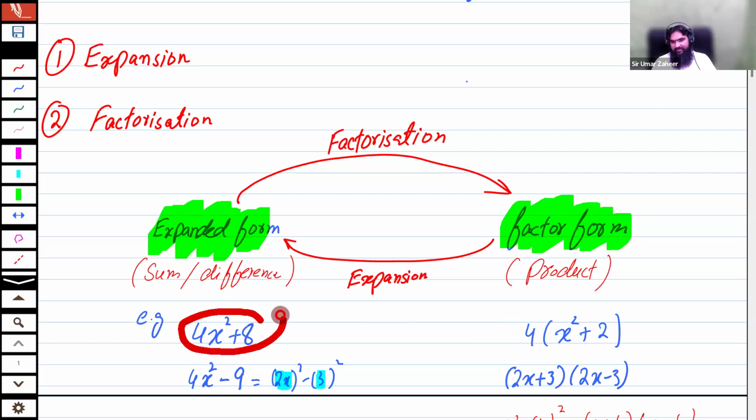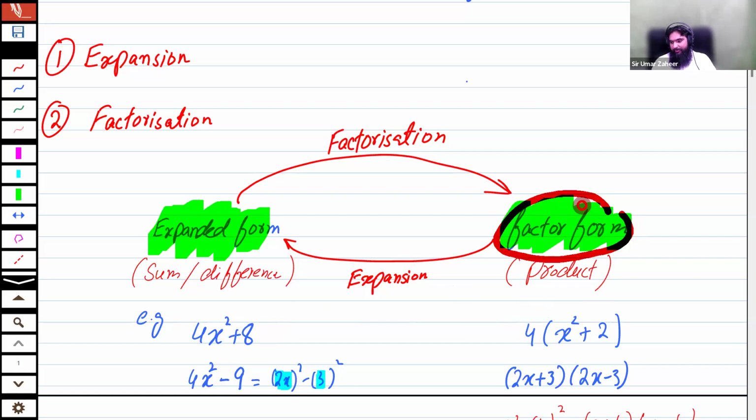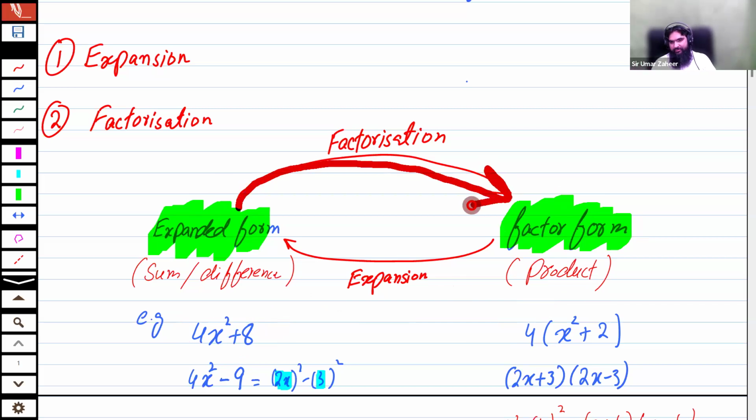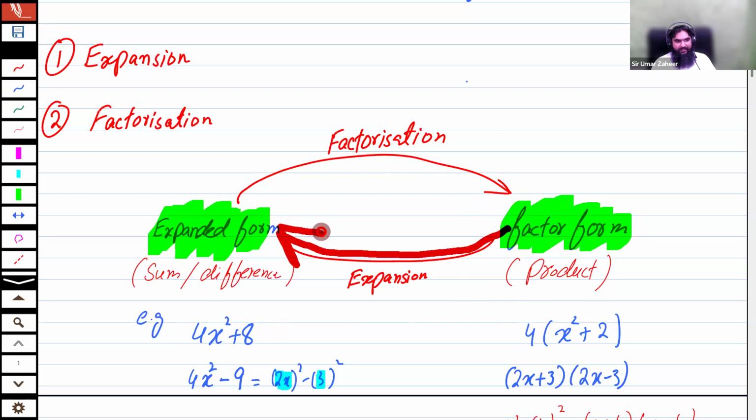Now this is the same thing, but written in the form of a product, in the form of multiplication, so it is the factor form. Converting the expression from expanded form to factor form is known as factorization, or converting from factor form to expanded form is known as expansion.